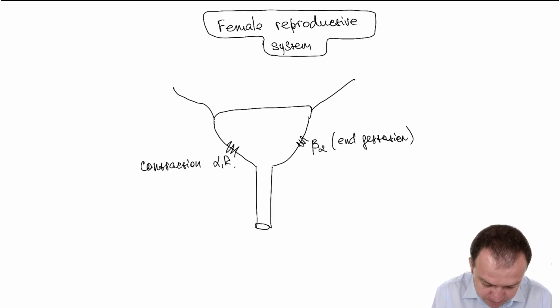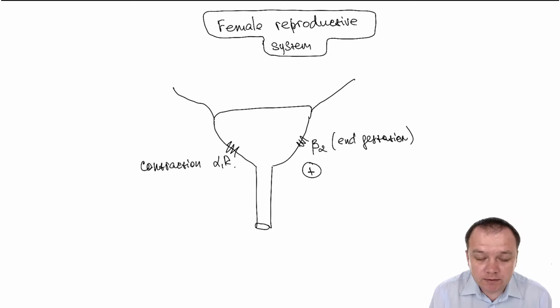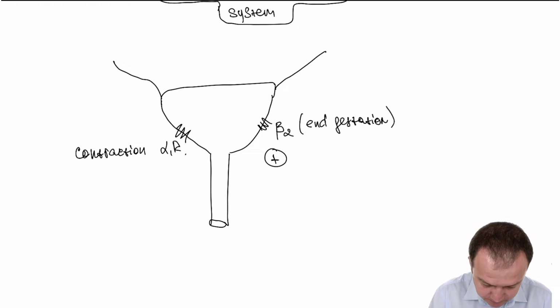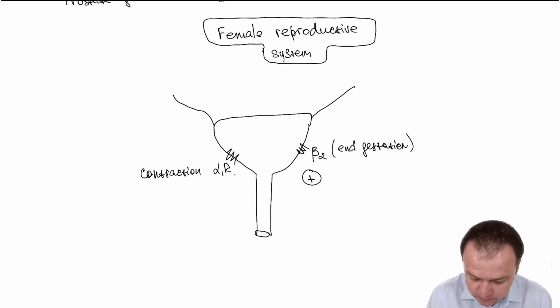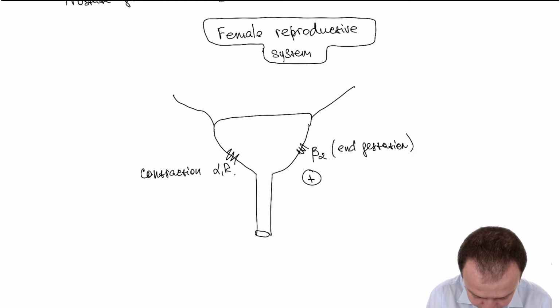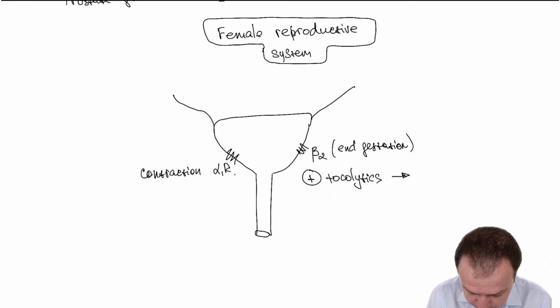And stimulation of beta-2 adrenergic receptors causes tocolytic effect, causes a relaxation of uterus, and these medications are called tocolytics, because they stimulate beta-2 adrenergic receptors.